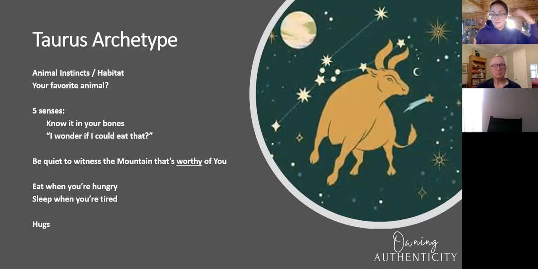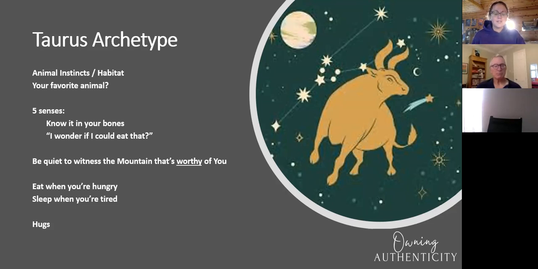Are you making a mental list of all the things that you need to do? Or are you breathing and looking at the changing leaves on the trees and appreciating the fall colors, immersing yourself in that present moment and the beauty that's always surrounding us? That's the Taurus side of allowing there to be stillness.